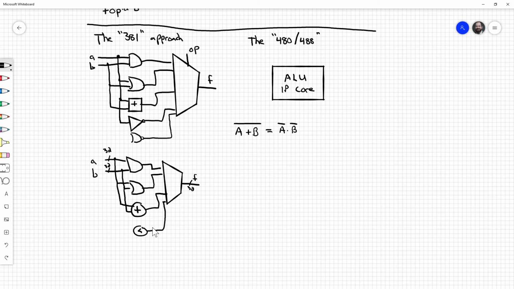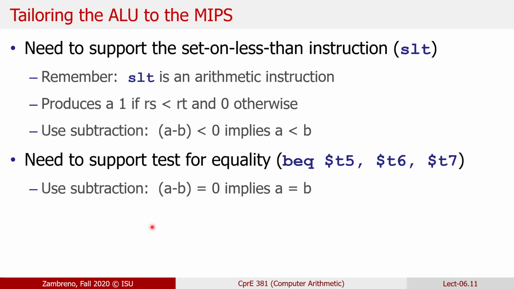That would be valid as well. A less than operator in VHDL is not some free special thing. It's implying a subtractor circuit anyway. So it is going to ultimately be equivalent logic we're doing here as well. But in the 281 approach, what we do is we take that understanding of what the set less than arithmetic instruction is supposed to be doing, and we output the equivalent result back out.